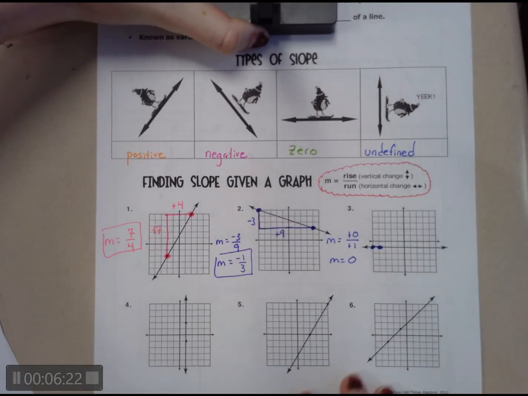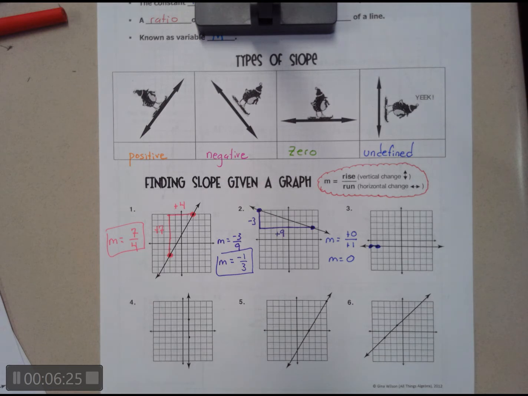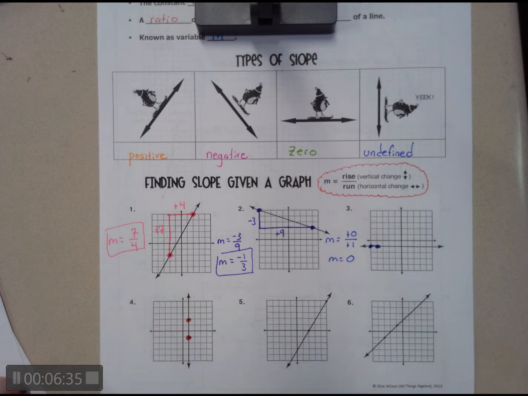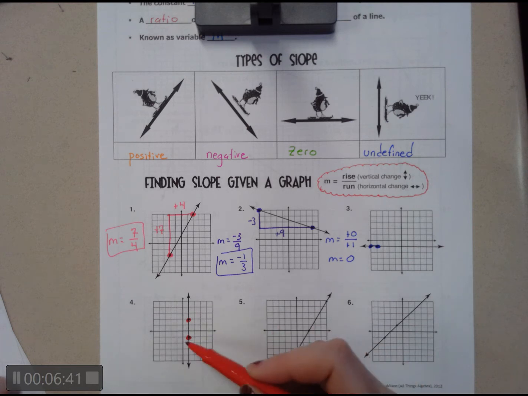Okay. Alright, so then let's take a look at number 4. I'm going to try to keep the types of slopes still up there. Okay, so when we're looking at number 4, this time we have a vertical line. And we have our 2 points here and here. And this time we do have a rise, because when we just have our vertical line, we're just going to go from the bottommost point, just like we did with our range. So I'm going to go 1, 2, 3.